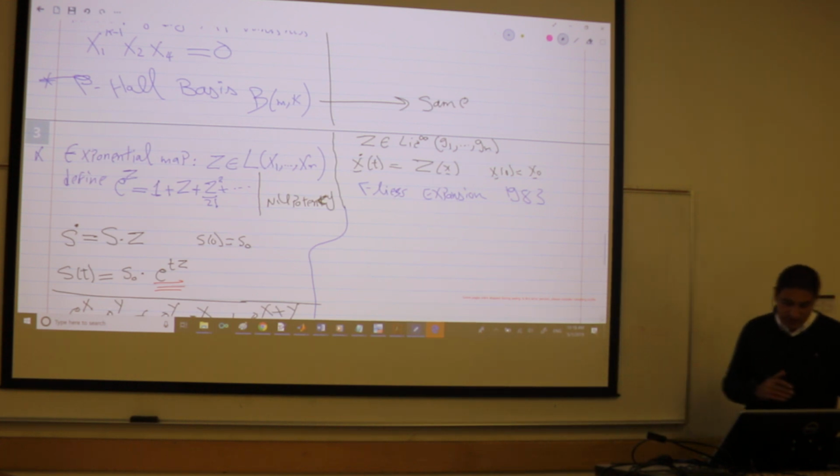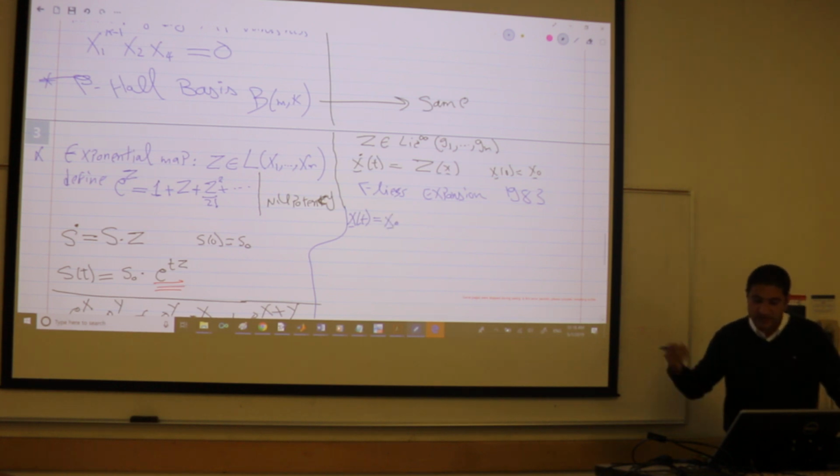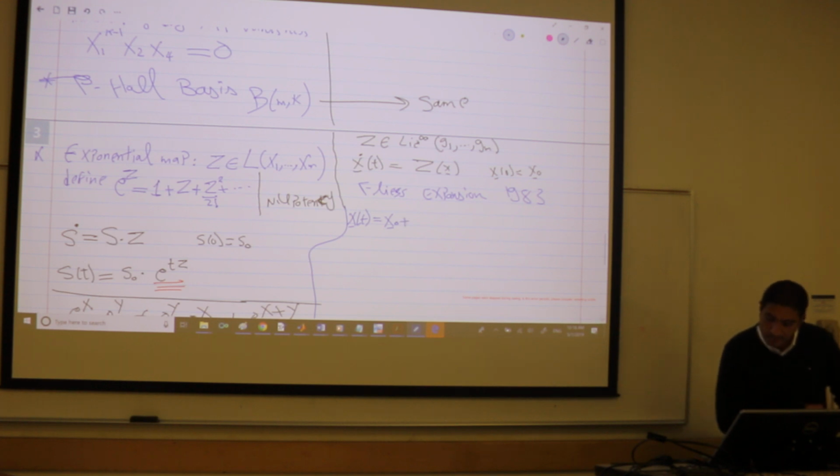There might be some catch I don't know about, but if you see it here, x of t, I can write it as my initial value, and this is a very nice formula to solve your differential equation. Plus x naught, plus your first derivative, which is Z evaluated at x naught times t, plus your x double dot.